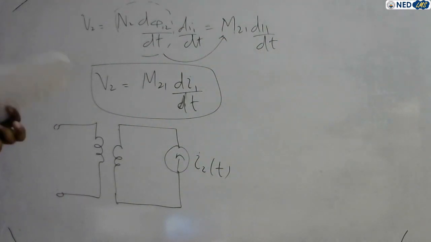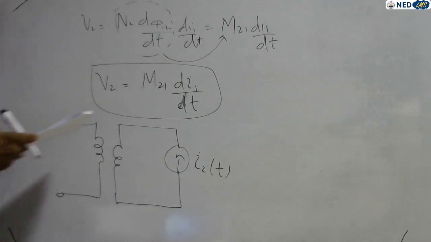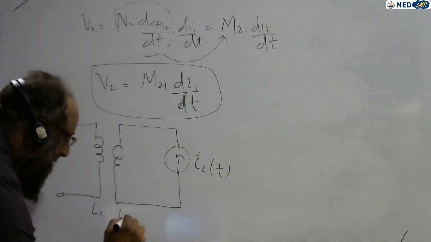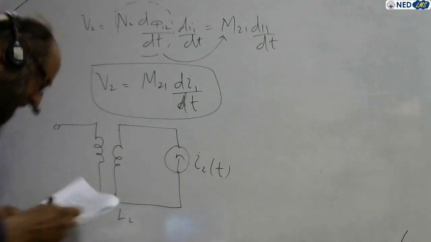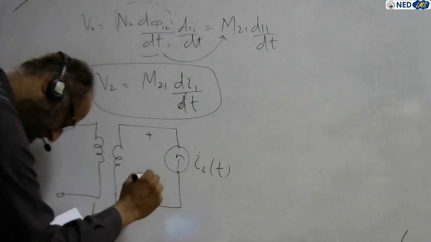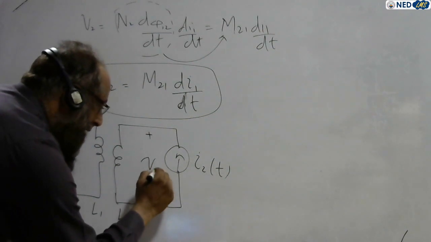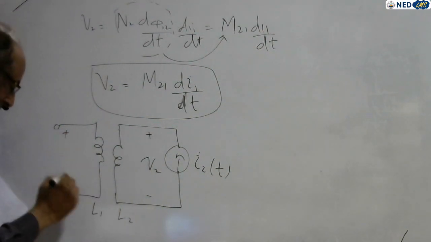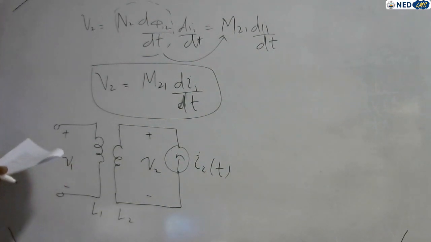So now consider this case. You have a coil L1, coil L2. You have voltage induced in coil 2. In this case, supply is given to coil 2, and open circuit voltage appears in coil 1, V1.